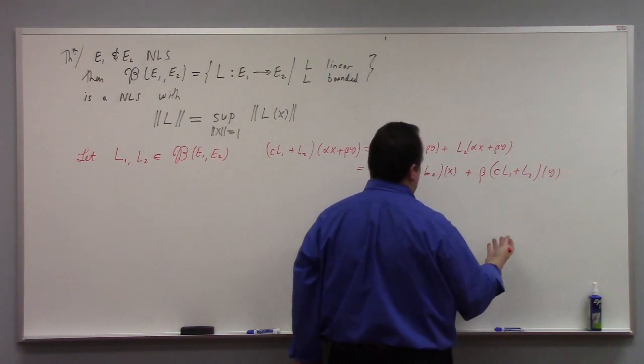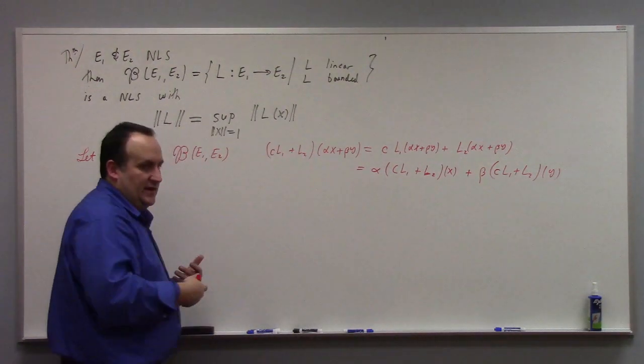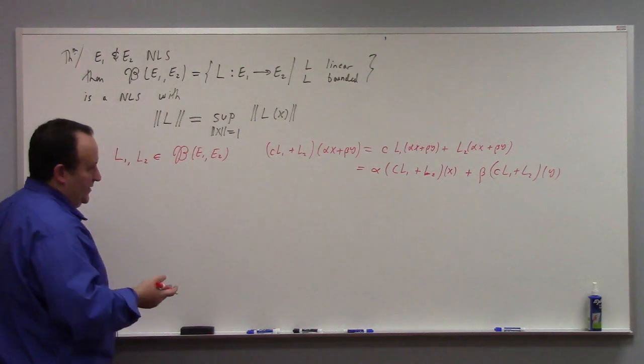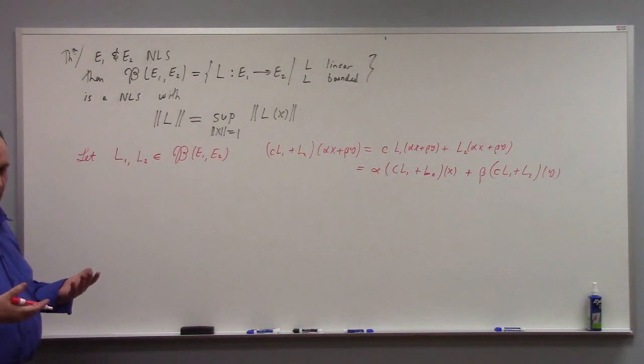I'm skipping some steps here, but you can use linearity of L1 and L2 and then regroup things, and voila, you have that L1 plus L2 is again a linear map.